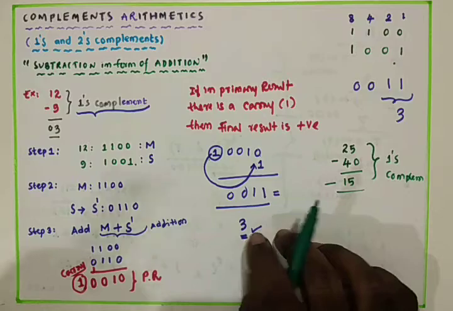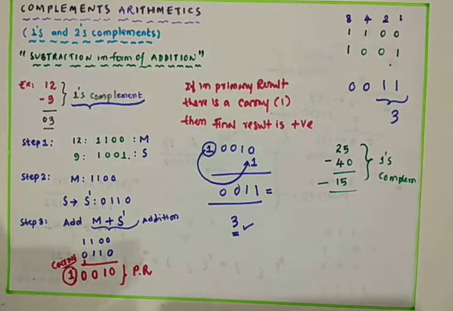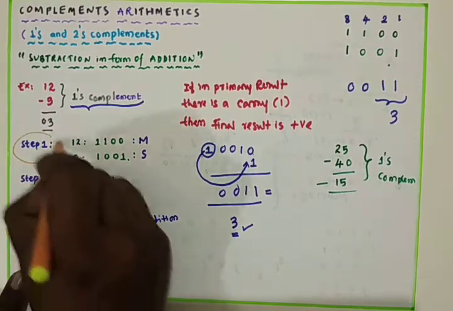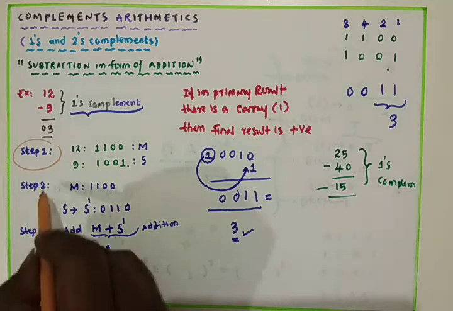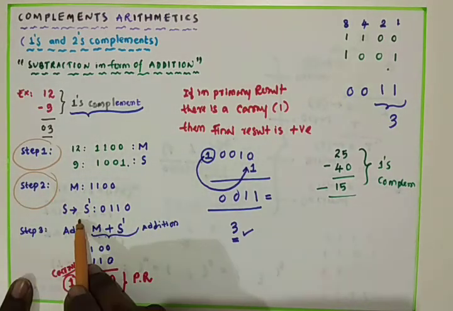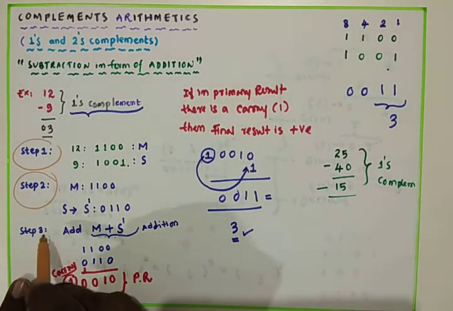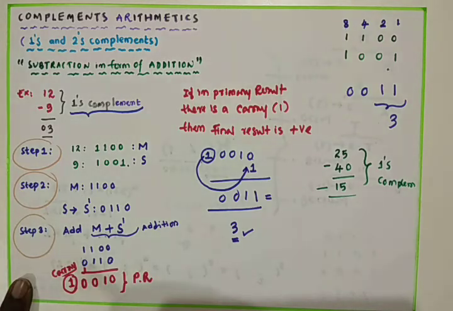First step, we have to convert the given data in the problem into binary form. After that we have to take the subtrahend and complement it. The third step, we add the minuend and the complemented subtrahend.